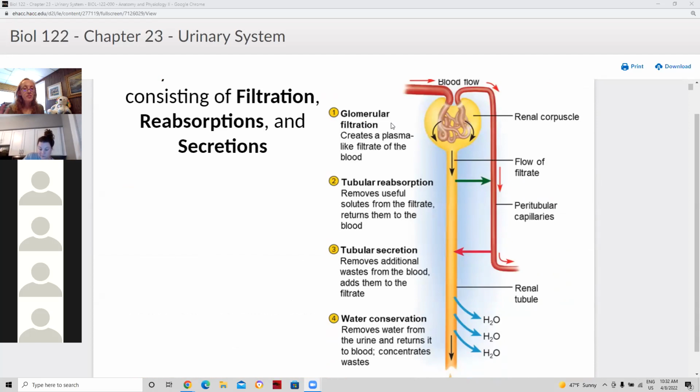So four major functions. Filtration: creating a plasma-like filtrate of the blood in the glomerulus. Tubular reabsorption: many of the different solutes that are present in the filtrate will be returned to the blood.